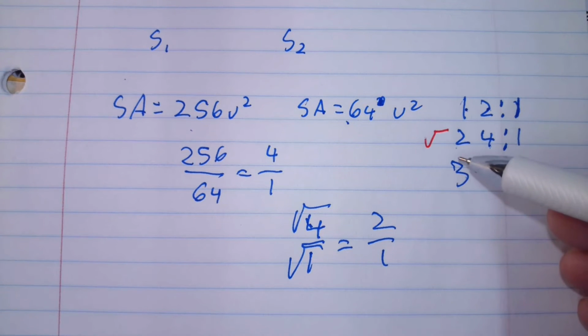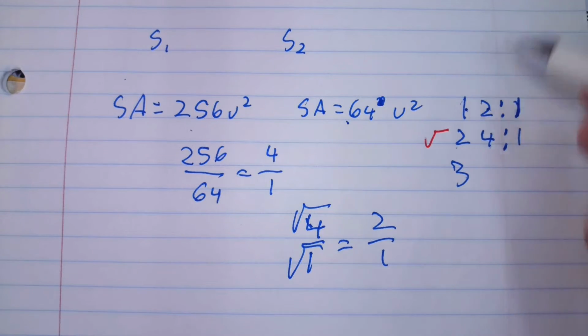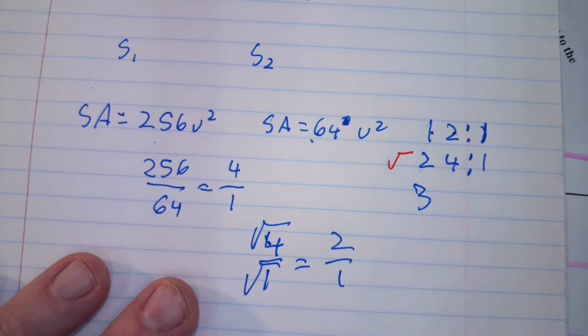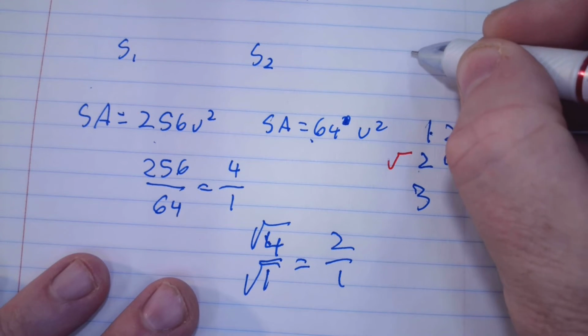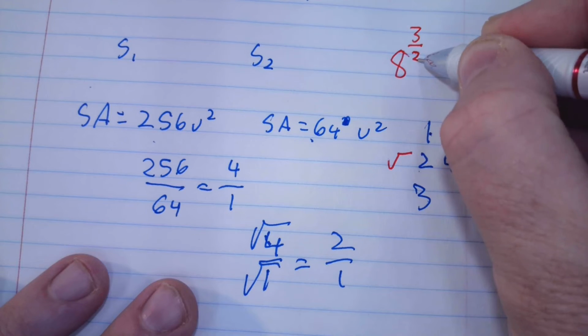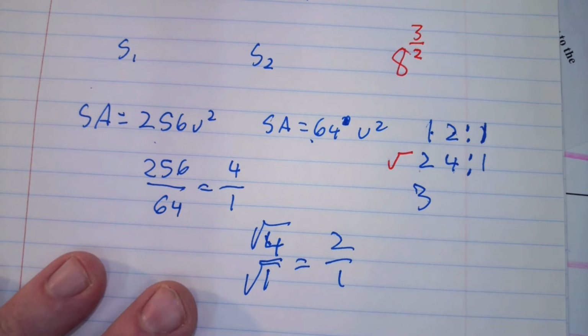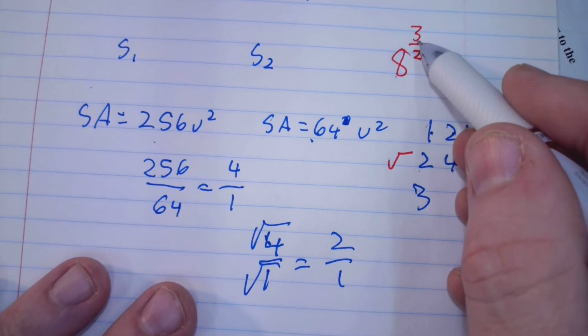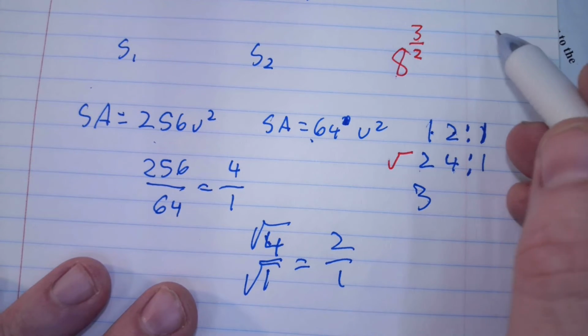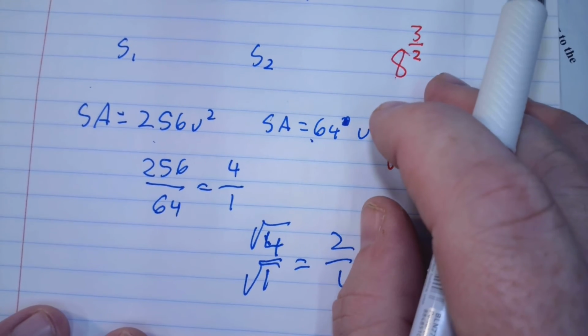The reason is because there is something called a fraction, and you can do problems like this. We don't have time to learn it, but you can do problems like this: 8 to the 3 halves. What this means is 8 to the 3rd power, and then take the square root. We're not going to do that. That is something they do in Algebra 2.